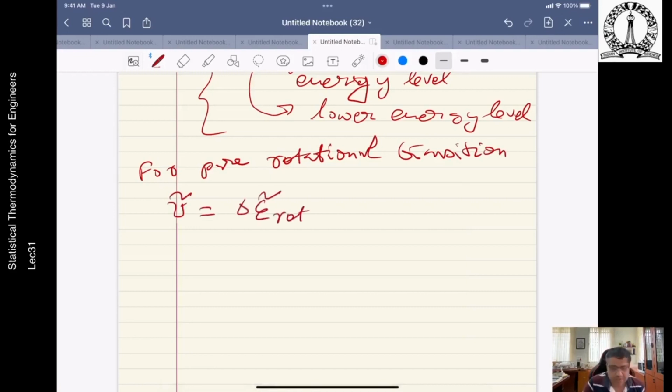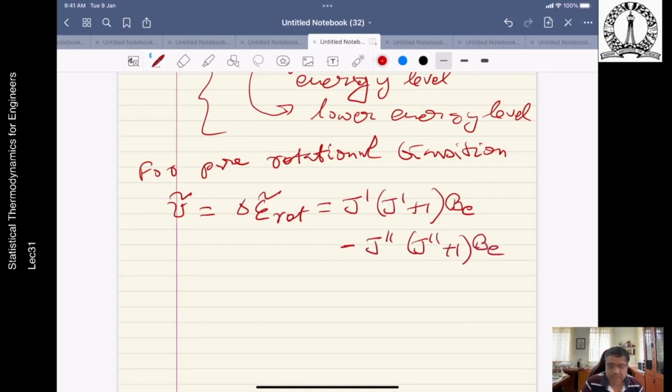the rotational energy change is J prime into J prime plus 1 times BE, minus J double prime into J double prime plus 1 times BE. Right? This is the wave number of each spectral line.